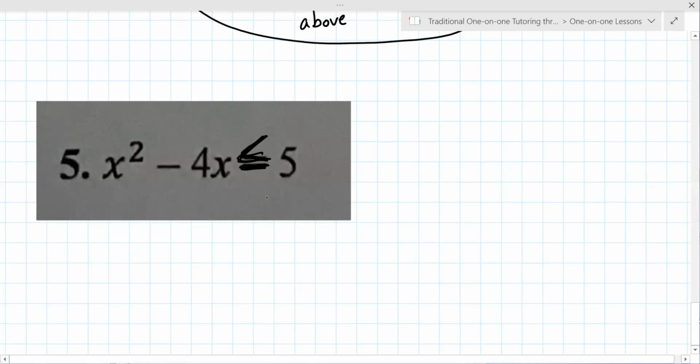Just like in the last problem, we need to move everything to one side or the other. x squared minus 4x minus 5 less than or equal to 0.